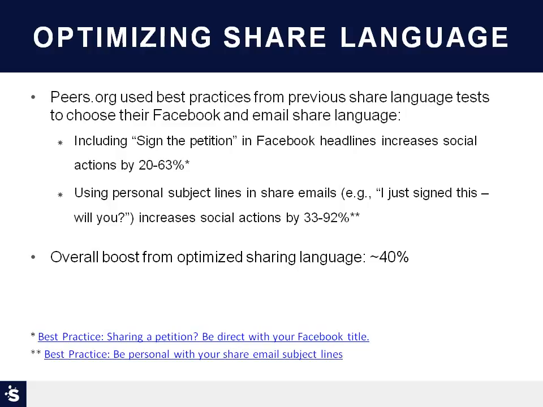There's the 2 that I mentioned here, using actually the phrase "signed a petition" on Facebook if you're running a petition, or being personal in your emails. We've definitely seen consistently that those seem to get more people to respond. There aren't any other standouts that we've found recently beyond those 2, but as I said, clarity is generally helpful.